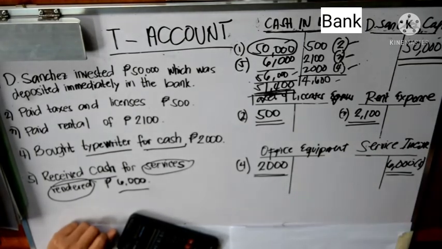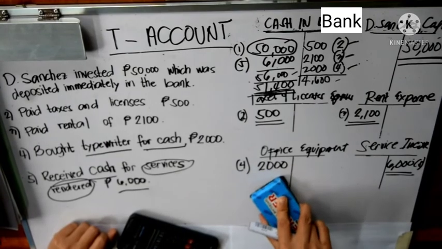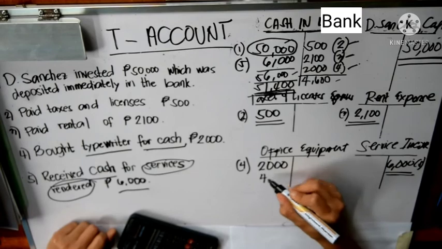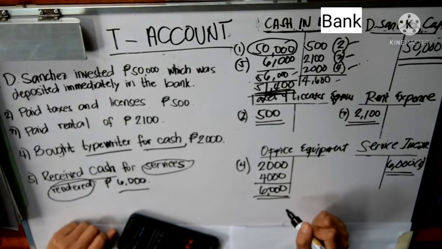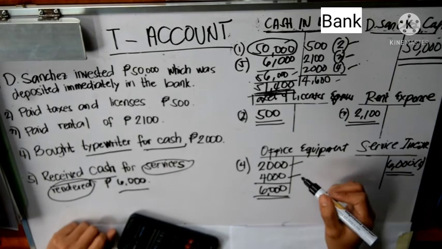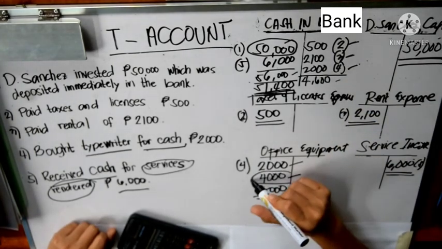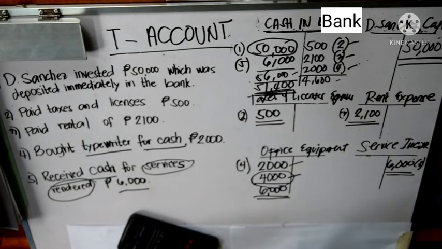So, ibig sabihin, kapag bumili tayo ng 4,000 na printer, yung office equipment natin ay madadagdagan ng 4,000. So, bali, magiging 6,000 na yung ating office equipment. 2,000 typewriter, 4,000 printer. And then, yung ating cash in bank ay mababawasan din ng 4,000 na ipinambili natin ng printer. Okay? So, that's all for T account.